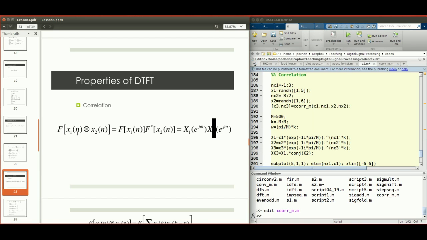If you do the Fourier transform of x2 correlating with x1, the conjugation is going to be applied on big X1 instead of big X2. So it's not commutative.